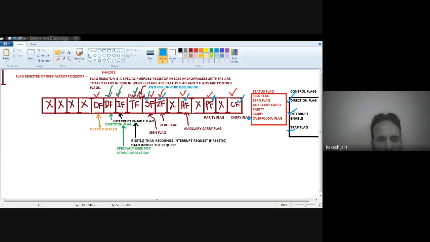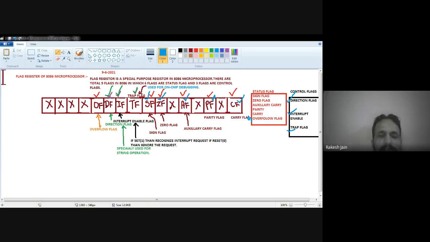In the 8085 microprocessor the data bus is 8-bit, but in the 8086 it is 16-bit. The crystal oscillator frequency in the 8085 is a standard 3 megahertz, but here we can use 5, 8, or 10 megahertz. The memory addressing capacity of the 8085 is 2 raised to the power 16, that is 64 kilobytes, but in the 8086 it is 2 raised to the power 20, that is 1 MB.